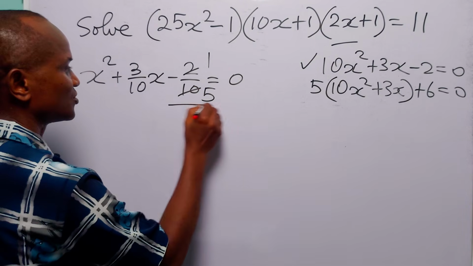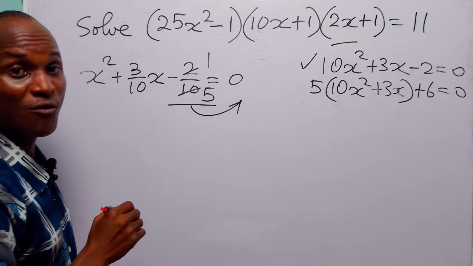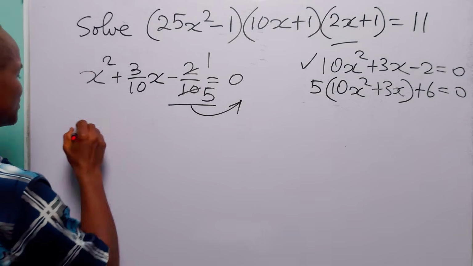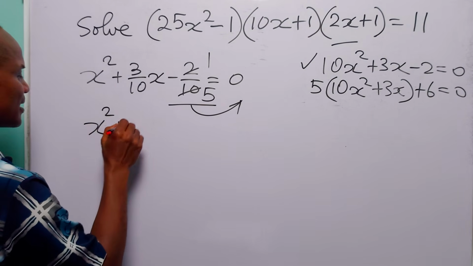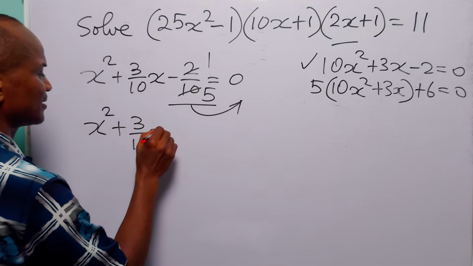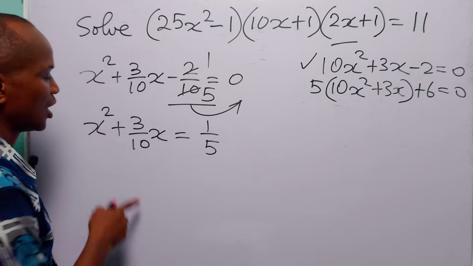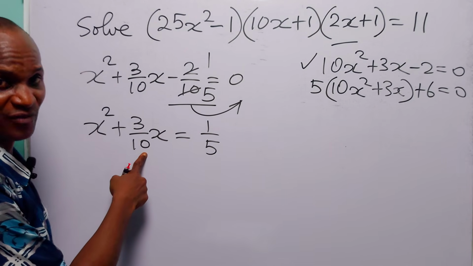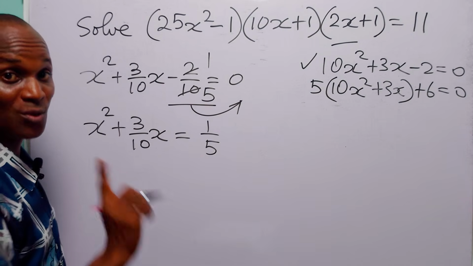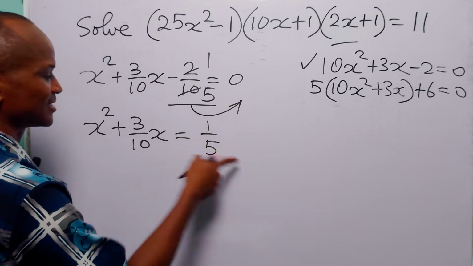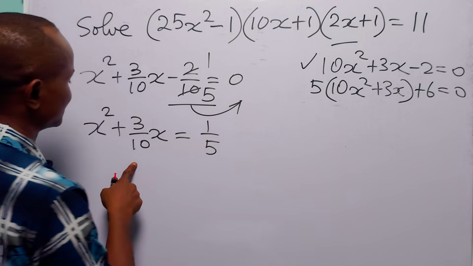The next thing we are going to do is to move the constant term over to the right-hand side. When we do that, we have x squared plus 3 over 10x is equal to 1 over 5. Now, we divide the coefficient of x by 2, square it, and add to both sides to complete the square on the left-hand side.